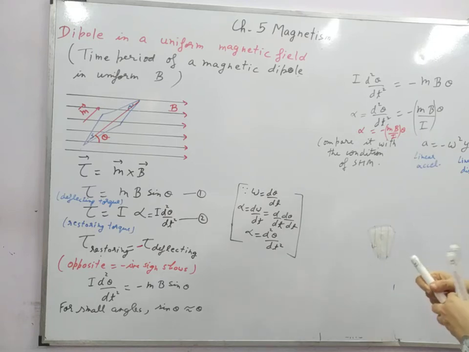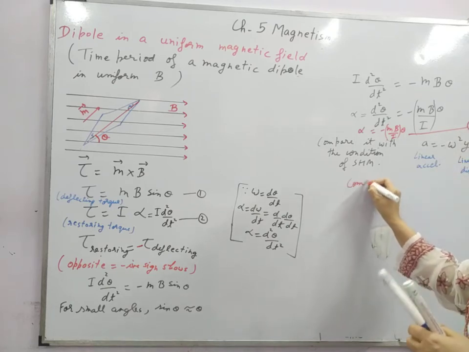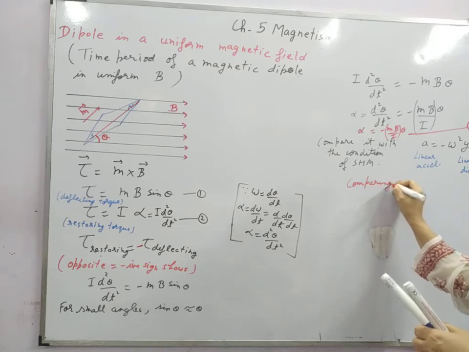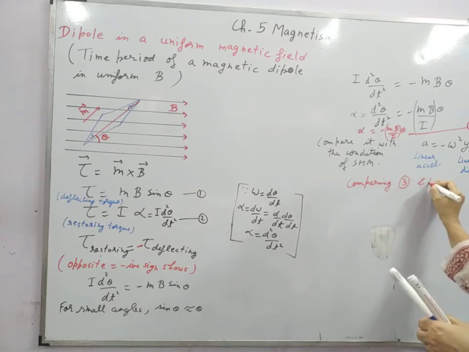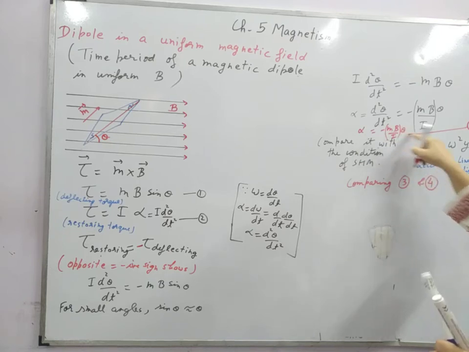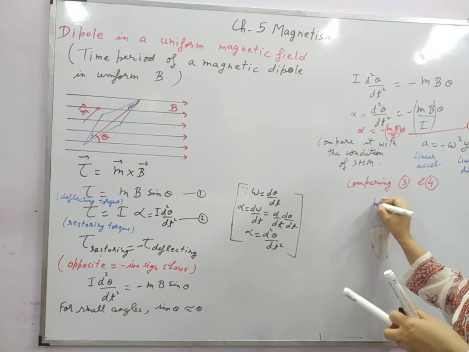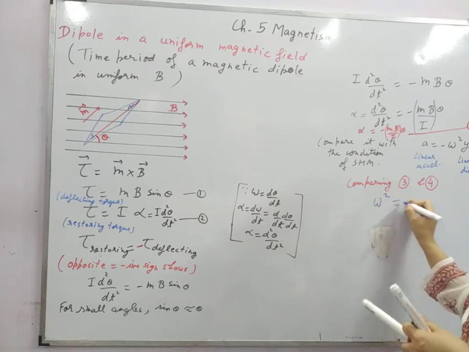So comparing equations 3 and 4, for angular acceleration we have linear acceleration, for angular displacement we have linear displacement. So what is there in place of omega square?